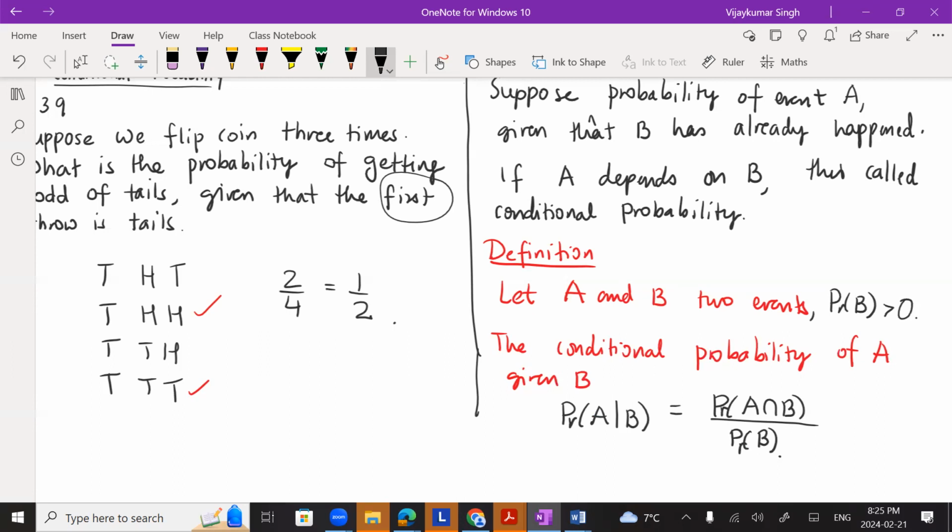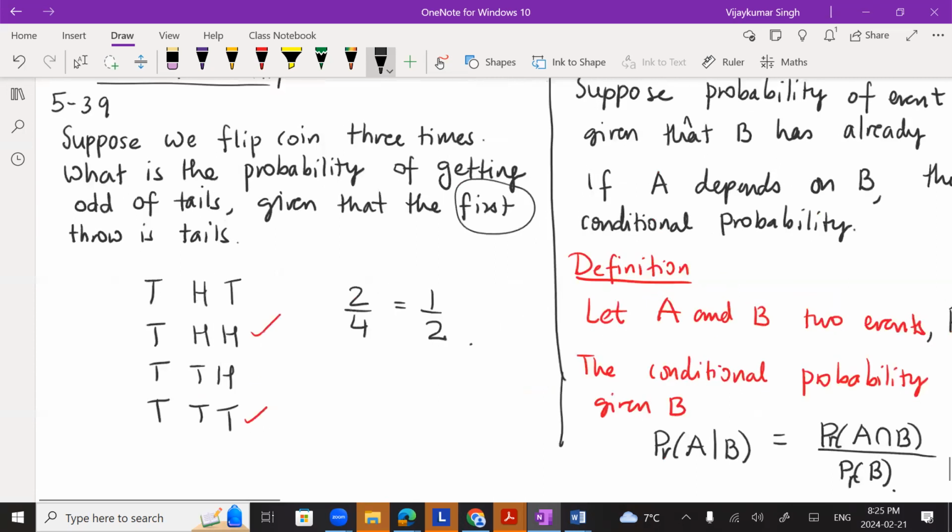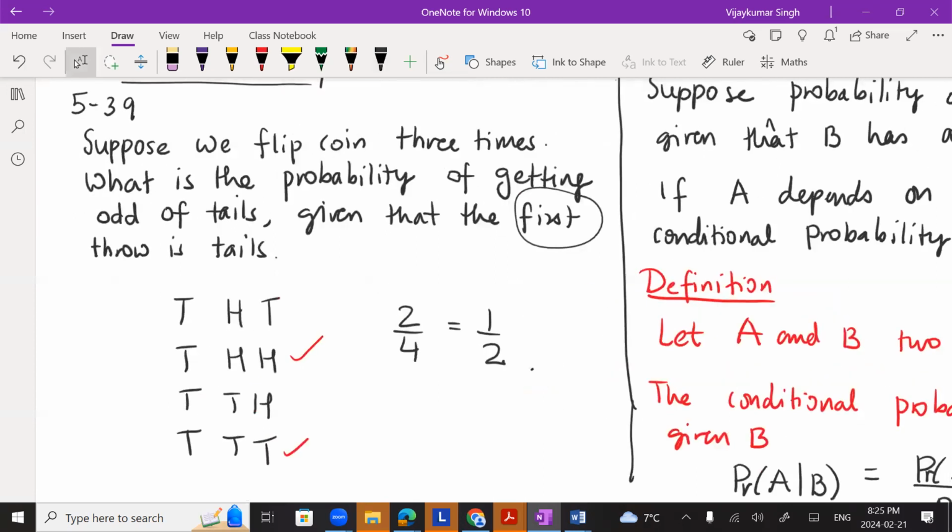So here your B is certain, B is done, right? So you are finding the probability of A given B. So in this case, for example, what will be my B? B is something which has already happened. So what has already happened is that the first one is a fail.